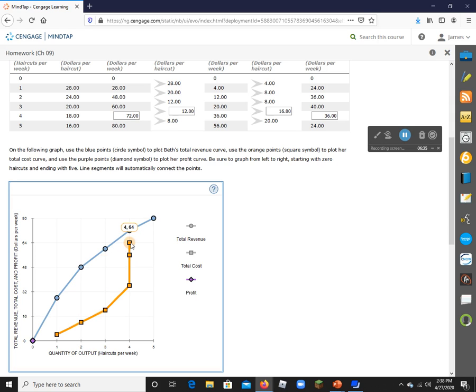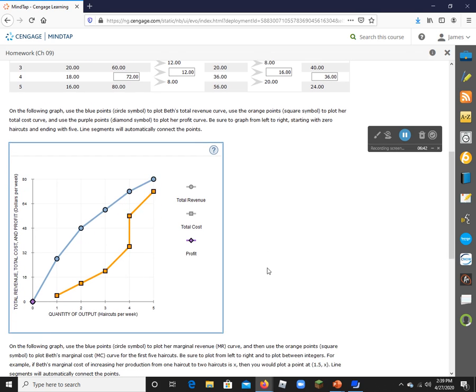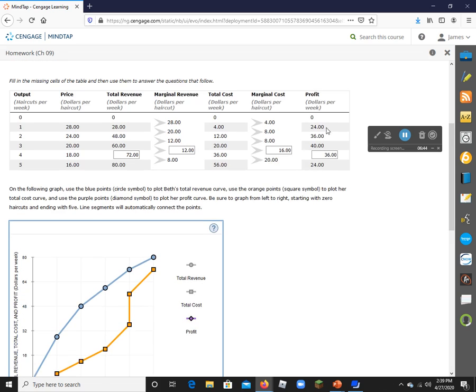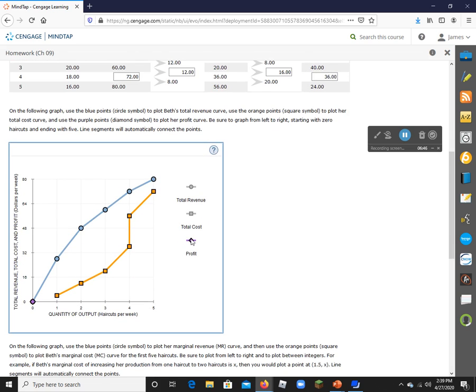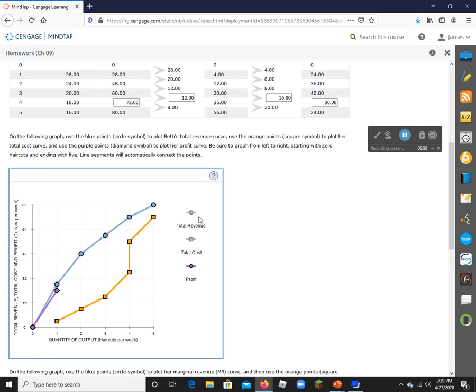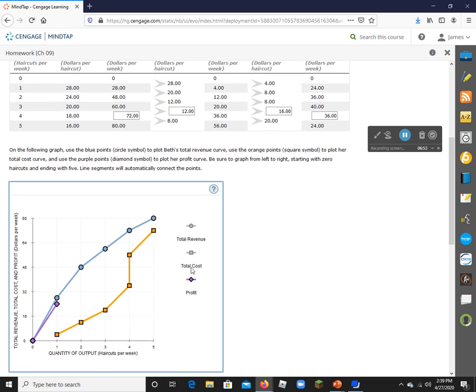We'll leave that. Let's bring that up there. Okay. Total profit with 1 haircut is $24. Total profit with 2 haircuts is $36. 3 haircuts, $40. 4 haircuts, $36.